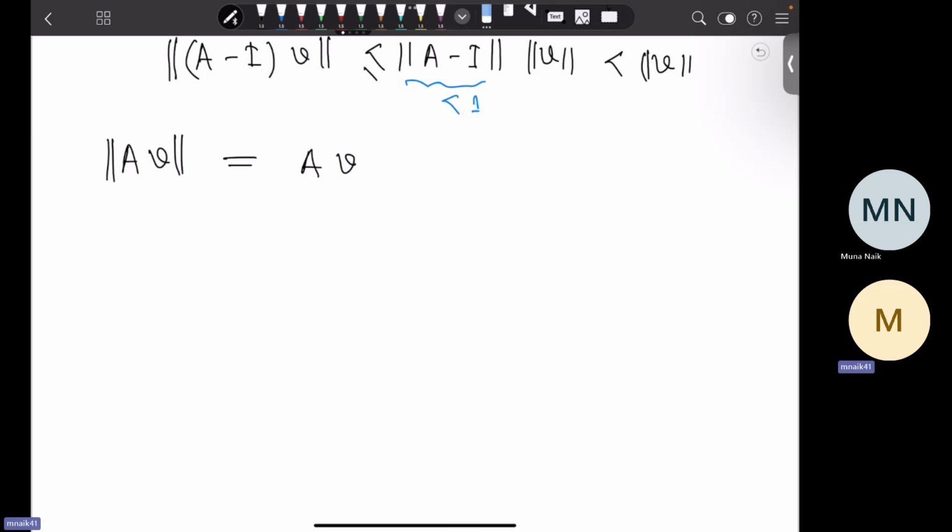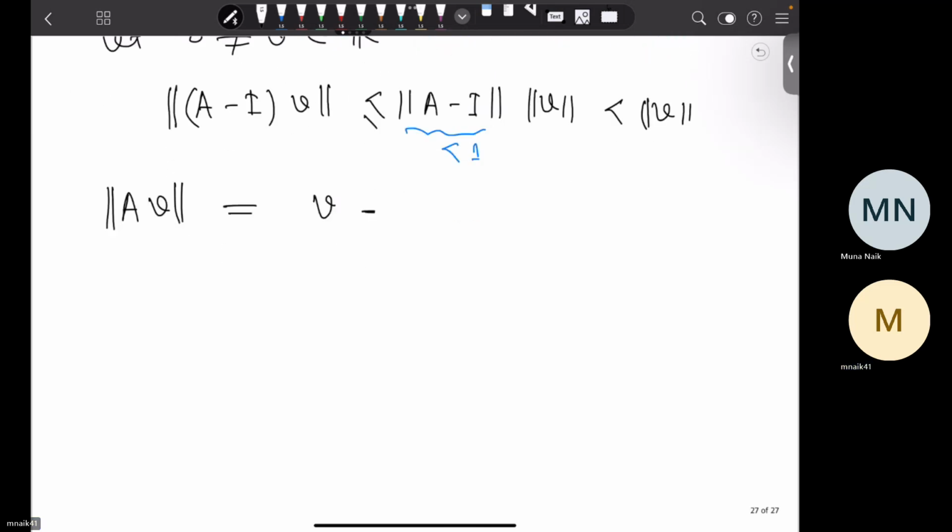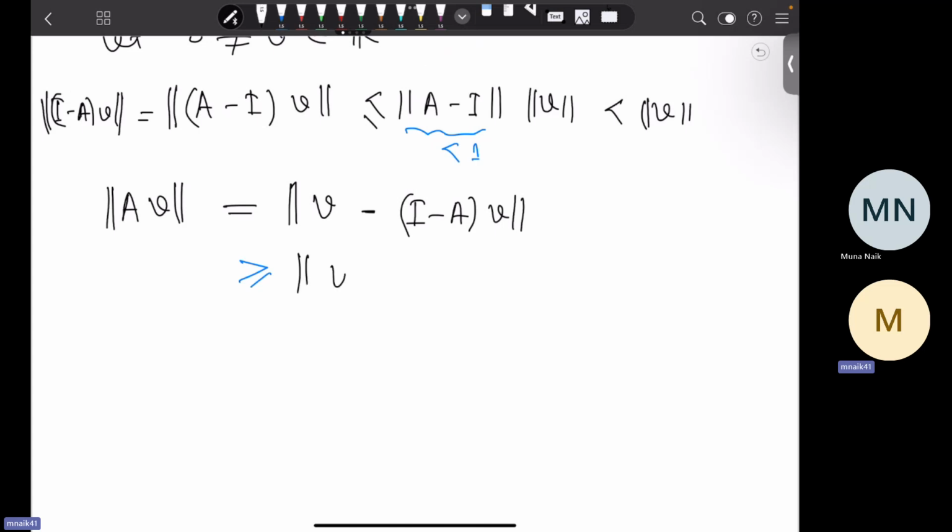So I write this like this: V minus (I minus A)V. This is really I minus A, the same thing as I minus A. Now, from the triangle inequality, the norm of AV is greater than or equal to the norm of V minus the norm of (I minus A)V.